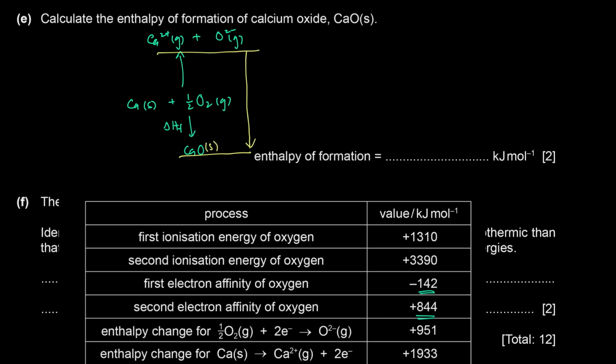What is that enthalpy change called? When we convert gaseous ions into an ionic solid to form 1 mole of an ionic solid, what is that enthalpy change called?